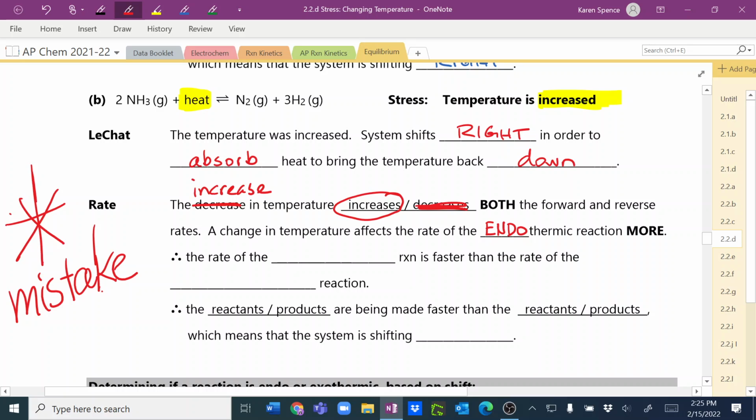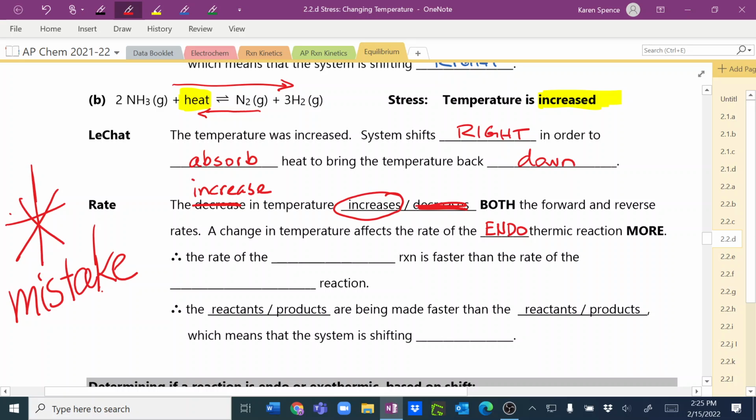So I'm going to say, okay, there's my endo is forward, and we're speeding them up, so that one's going to get faster, faster, and this one's only going to get faster. That's why we draw our arrows. The forward rate was endothermic, so it got faster, faster, whereas the reverse rate only got faster.